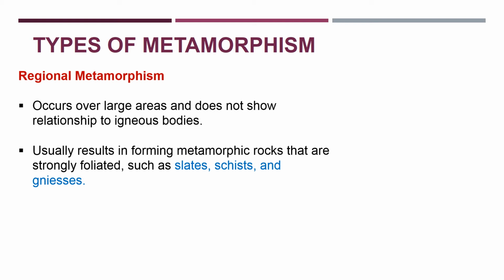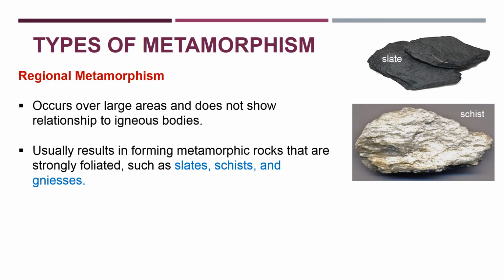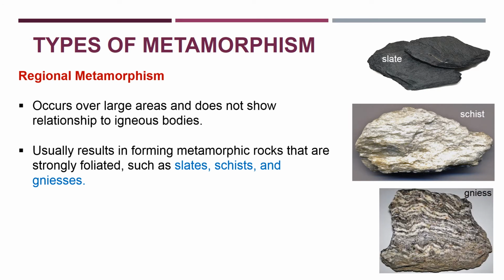These three are really foliated metamorphic rocks, and they belong to regional metamorphism. Here is the slate, this is the schist, and this is the photo of gneiss.